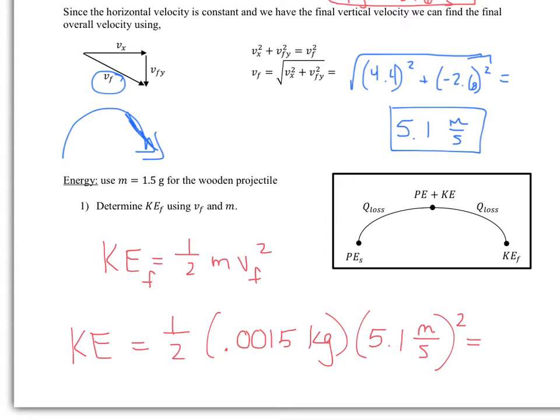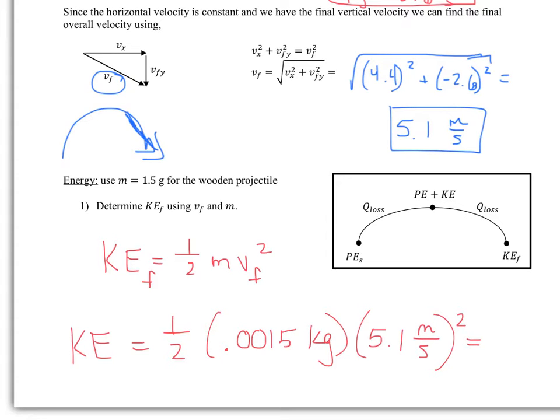Use common sense. Why is our answer going to be small? Yeah, the mass of this thing is so small. And kinetic energy is a function of mass and velocity. Velocity is a relatively, not large number, but large enough. But the mass is quite small.